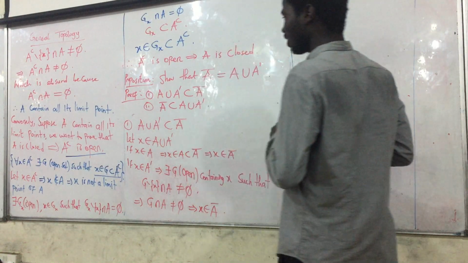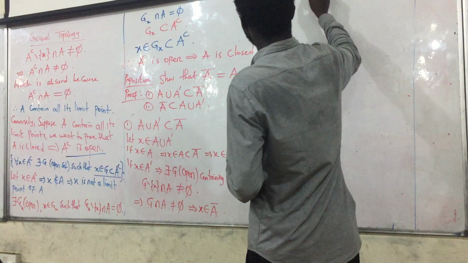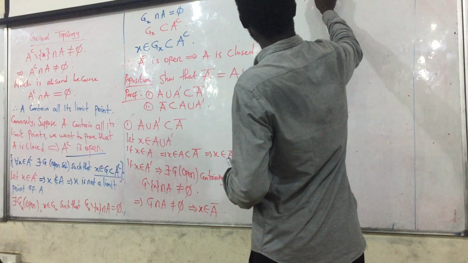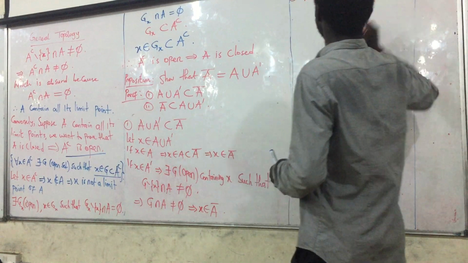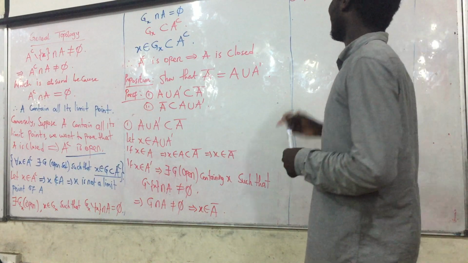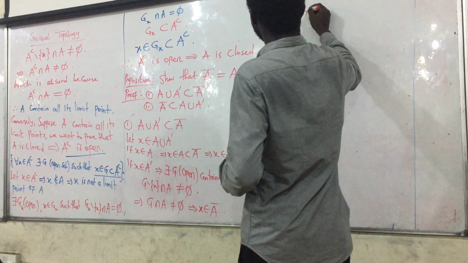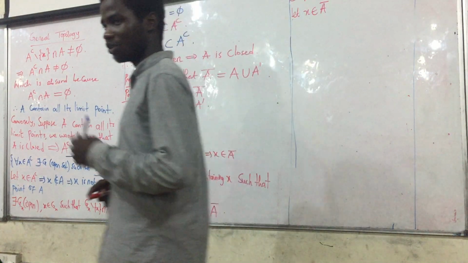So conversely, for that second case, we want to do part II now, that is A bar is inside A union the right set. What do we do to this one now? You take S to be in the closure.